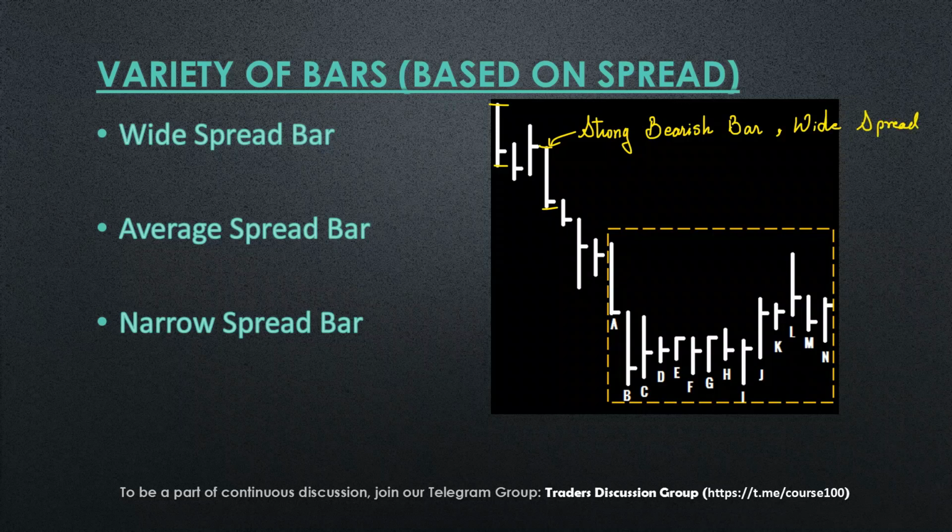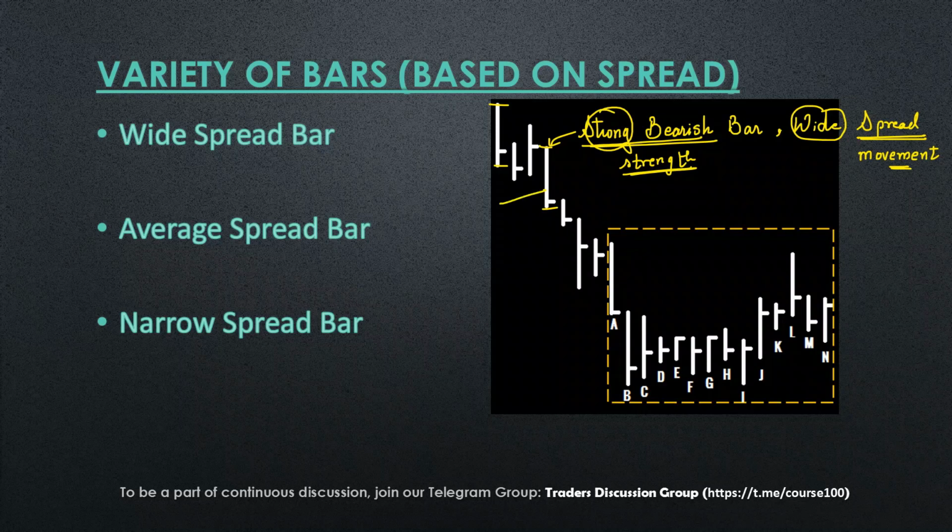So now I am defining my bar in terms of their strength as well as in terms of their spread, which will give the movement idea. So here the strength is strongest and the movement is wide.